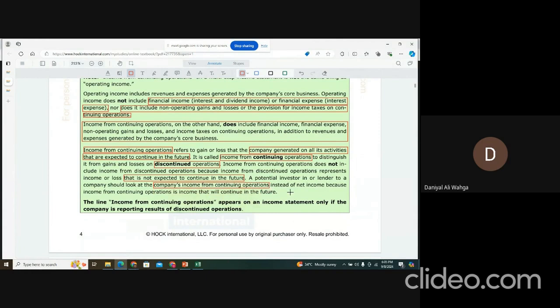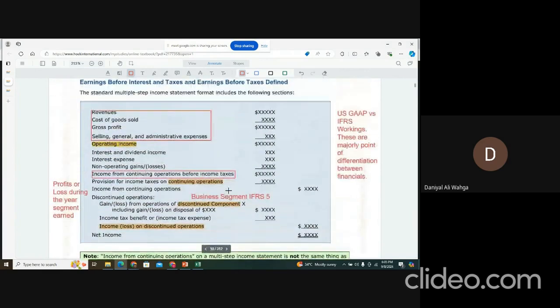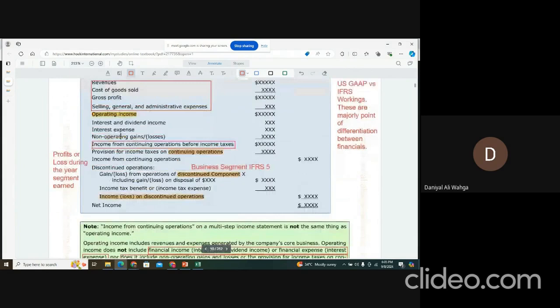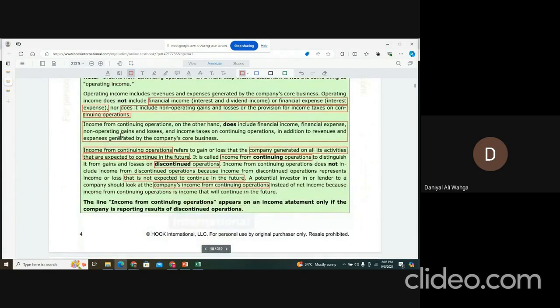Then it looks towards further things: my revenues, my cost of goods sold, my gross profits, my expenses. If my investor is looking, it wouldn't be looking towards my net income.